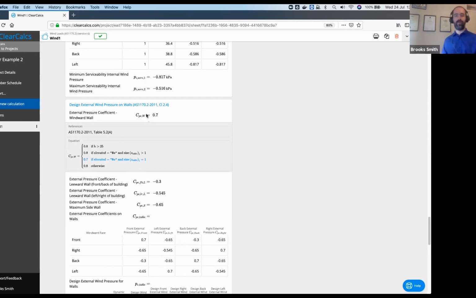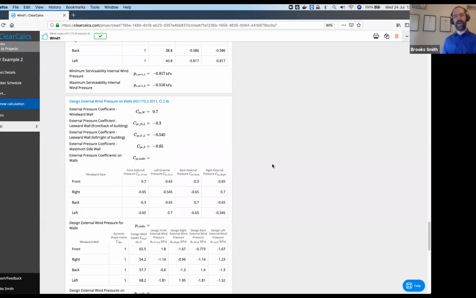So this particular one is for the external wind coefficient for a windward wall. It's either 0.8 or 0.7, depending upon some conditions. You can expand this out and see if H is greater than 25, it's 0.8. If it's not an elevated building and there are multiple Z values, it's 0.8. If there's only one Z value, it's 0.7. So we're considering all of that along the way.